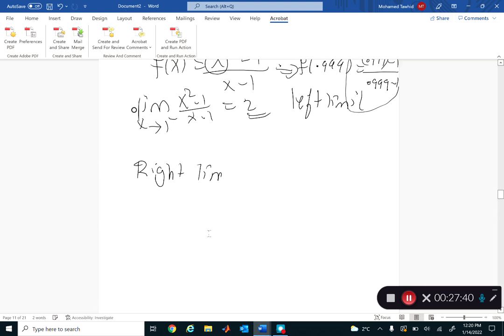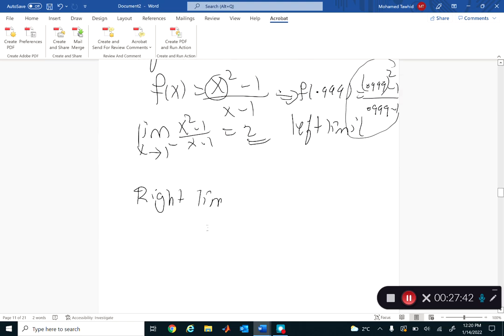So right limit here, guys, you have to repeat x close to 1 from the right. So for example, here is 1, so I have to come from the right, so you get 1.001, right? You could have even more zeros. It's okay. It's good to get something very close to 1.